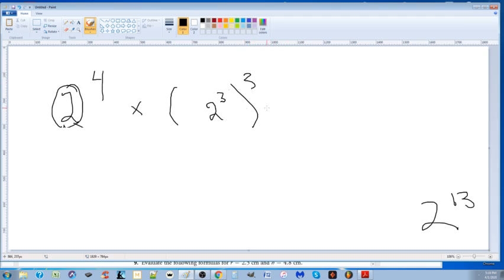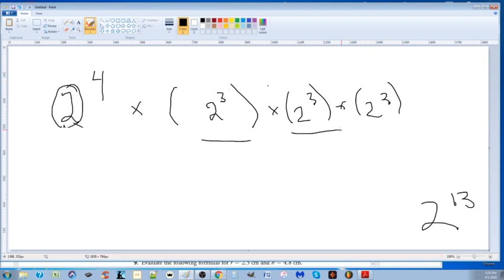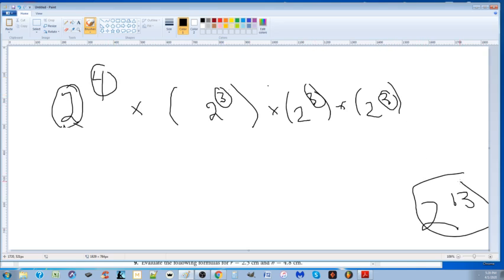Well, my last thing said that this inside the bracket is simply times itself 3 times. So instead of writing that 3, I'm going to write times 2 to the power 3 times 2 to the power 3. So now I've written it out as itself times itself 3 times. Now I can use that exponent rule. 4 plus 3 plus 3 plus 3. Oh, it's 2 to the 13.